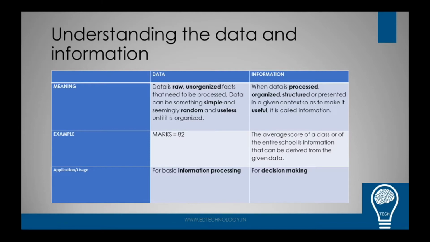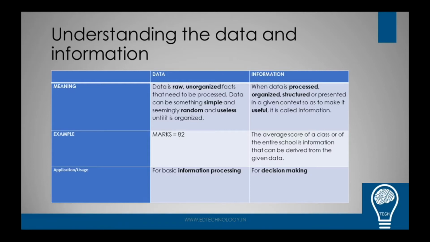Basically, data is raw, unorganized facts, right, which requires a lot of processing. Data can be something very simple, sometimes very random, and most of the time it is useless unless it is organized or processed.